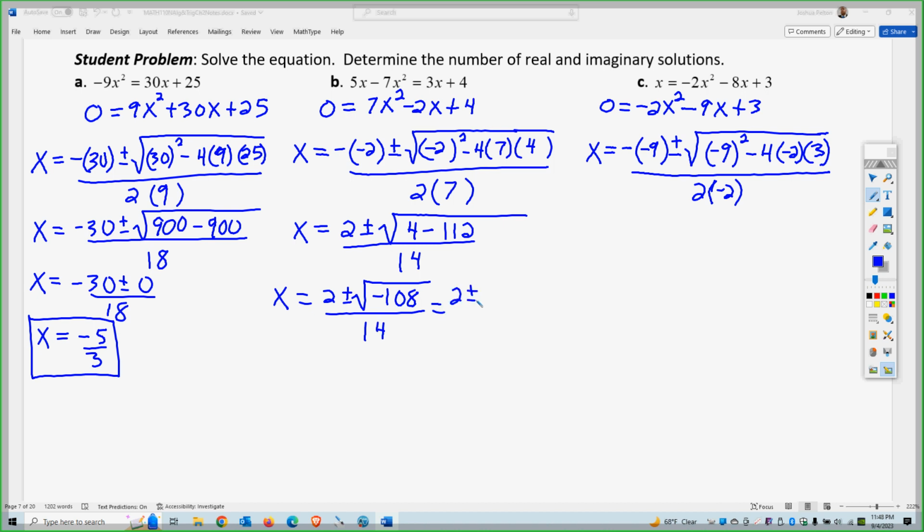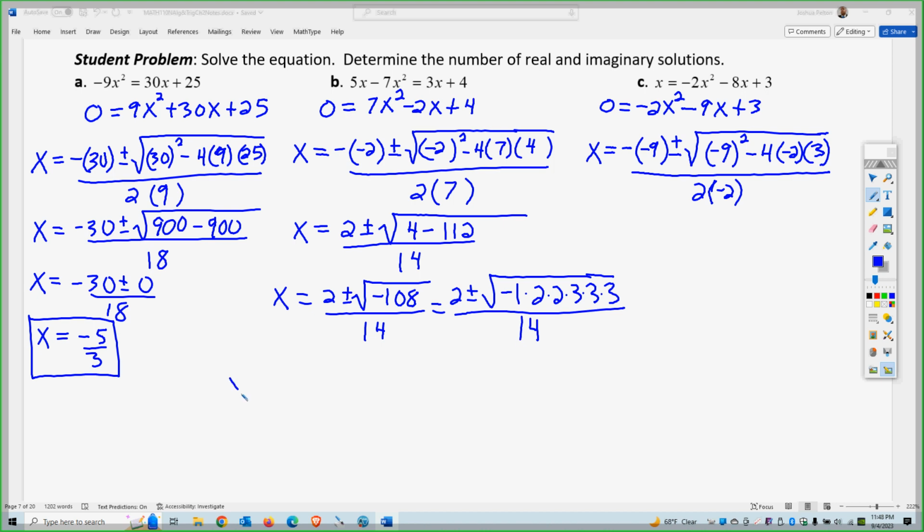So I've got to break down 108. So that's -1, okay? So 4 times 27 is 108, right? So 4 is 2 and 2, and then 27 is 3, 3, and 3. Okay, 14, not 4. Here we go.